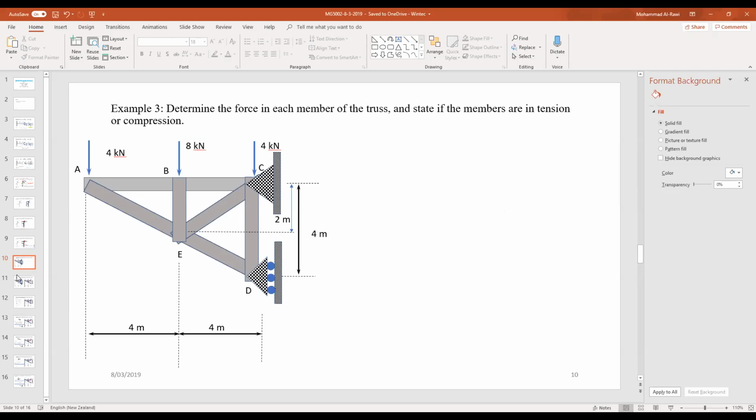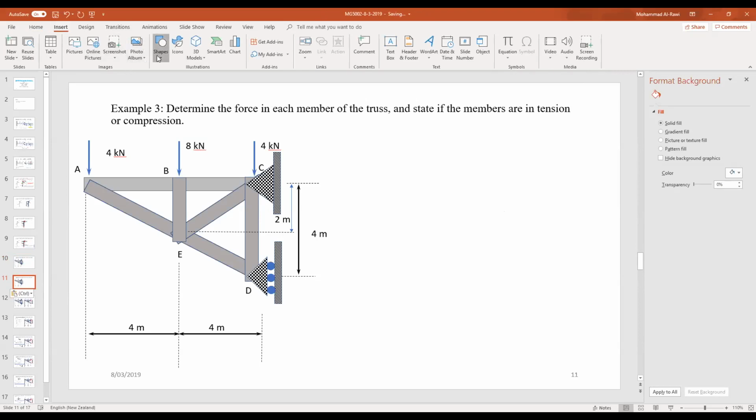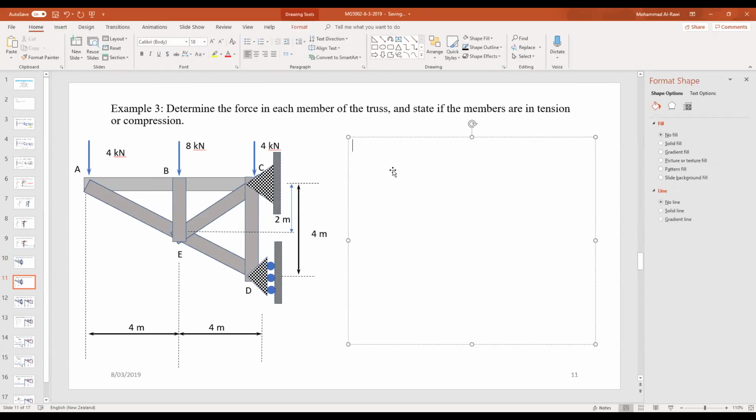All right, so the first step of this question, I'll make a new slide to show you. Once again, yeah, I know I'm saying it too much, but it's true. First step is the free body diagram.